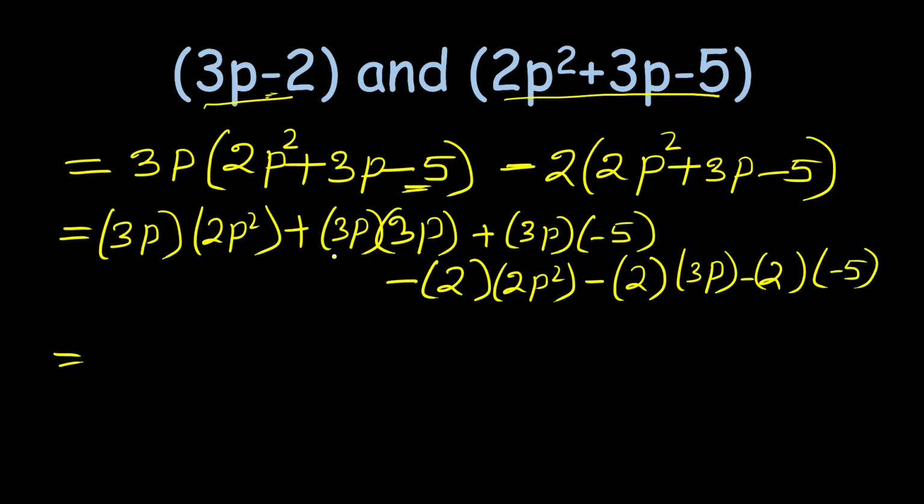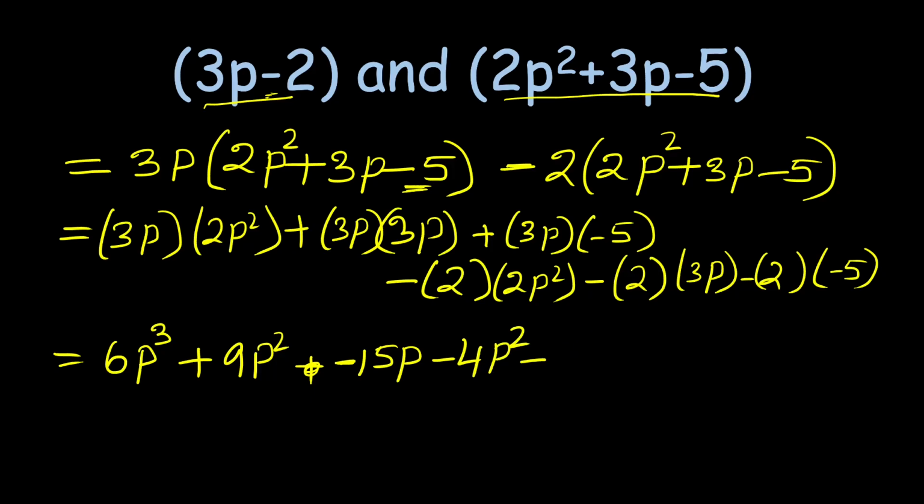At last we are getting all monomials. Now 3p into 2p square, that's equal to 3 2s are 6 and p into p square equal to p cube, plus 3 into 3, 9, p into p, p square, plus 3 into negative 5, here it becomes negative 15p. Now negative 4p square, here negative 6p, here negative and negative becomes positive 10.